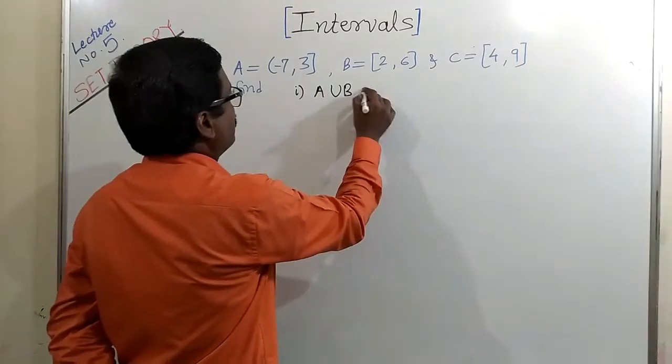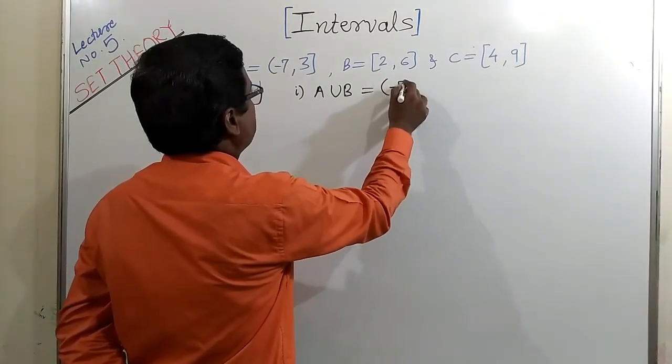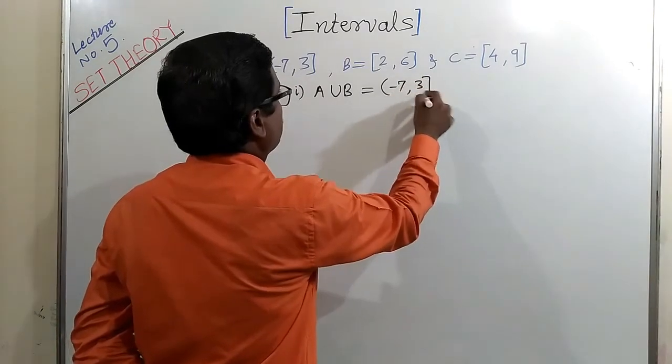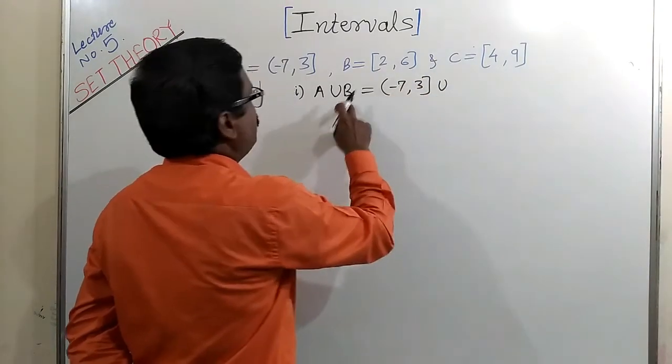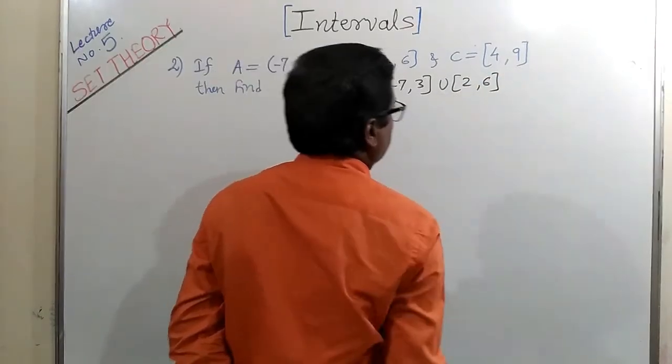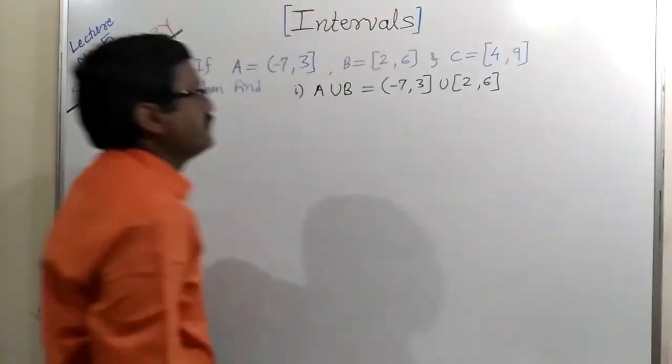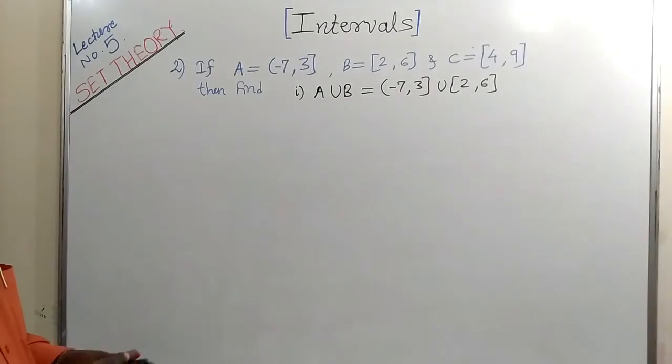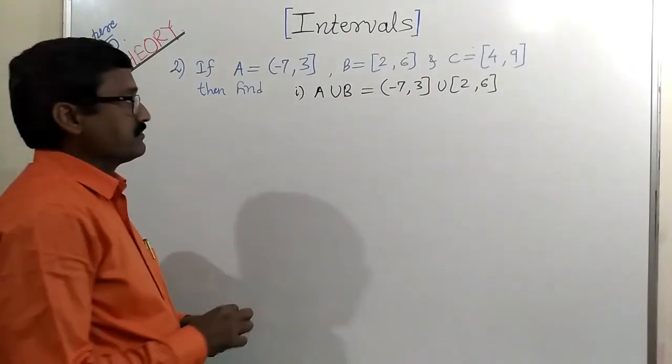So A is open minus 7 to close 3, union B, which is close 2 to 6. Here we have to take the union of these two intervals.